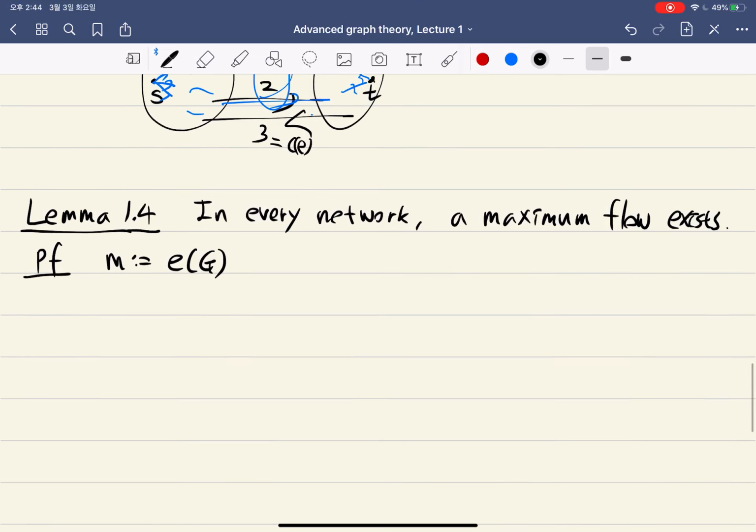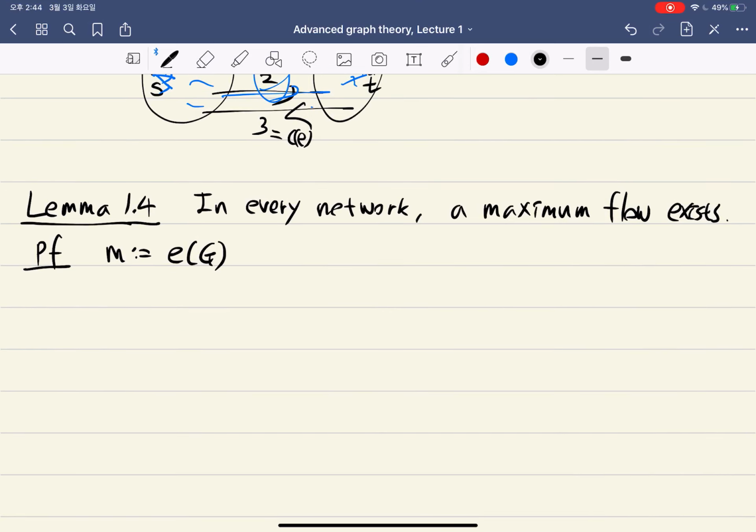And then, what is this flow? Flow is nothing but a function from the edge set to real numbers, more specifically, non-negative real numbers.